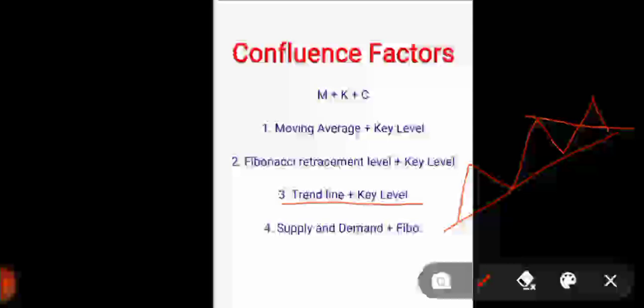The last one here is supply and demand plus Fibo, but we are not going to go deep into that. A supply level is a level where sellers come to push the price down, and the demand level is where buyers come to push the price up.